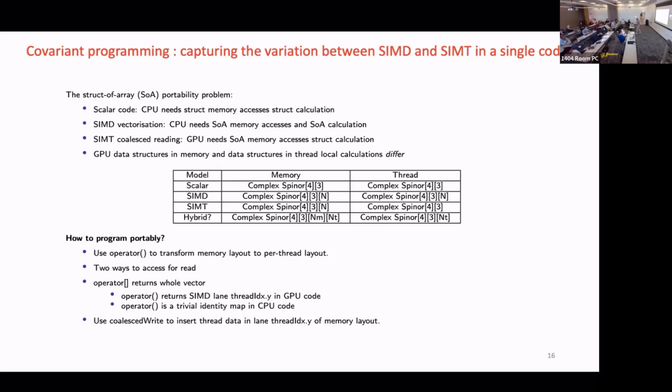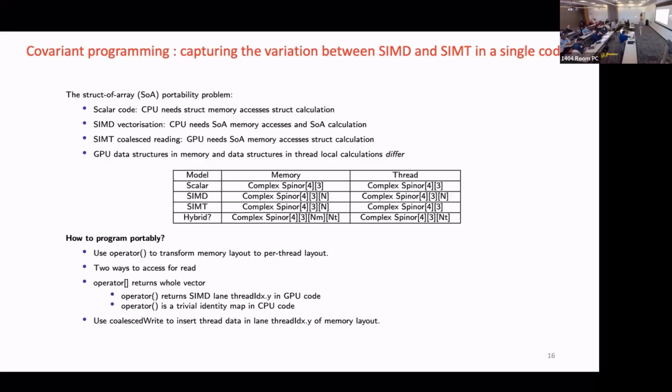For SIMT read coalescing, what you really need is for the struct-of-arrays to exist in memory, but each thread is accessing struct data, and the parallel threads next to them in the processor unit are accessing the corresponding elements of the same vector in memory. So you have this transformation between a struct-of-arrays in memory to a scalar struct in the local stack of each thread in the GPU.